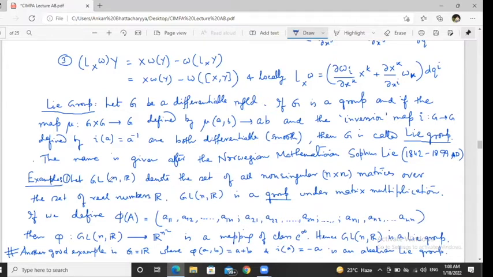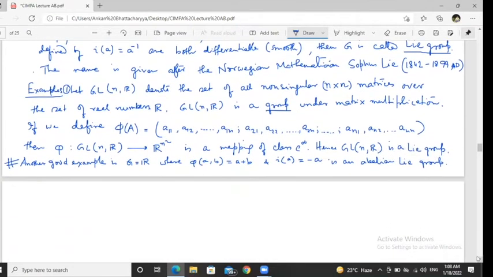So an example is that GL(n,R) denotes the set of all non-singular n cross n matrices. GL(n,R) is a subspace of M(n,R), the set of all n cross n matrices, and it is the set of all non-singular ones. That means if A belongs to GL(n,R), then determinant of A is not equal to 0.